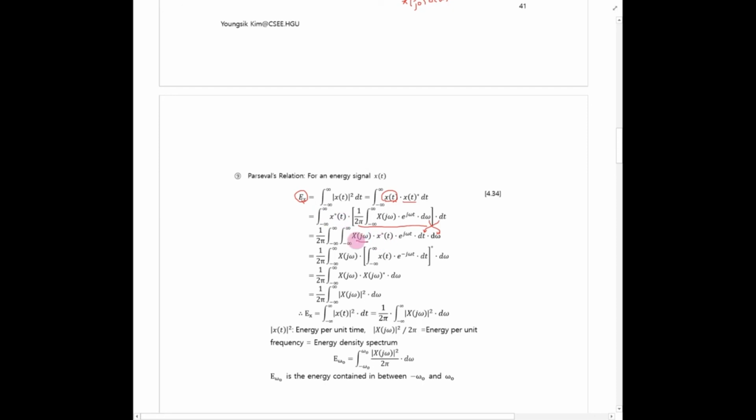But this one is not a function of time, so we can push it outside of the integration bracket. Then the integration is over here, and x conjugate is here; e^(jωt) becomes e^(-jωt) when you consider the conjugate operator.